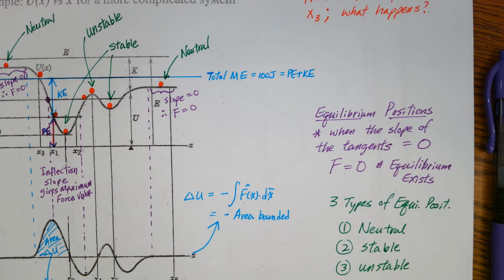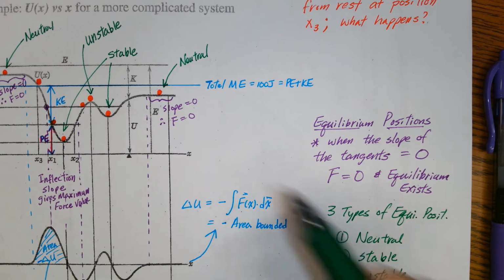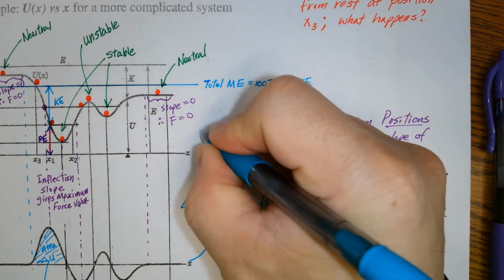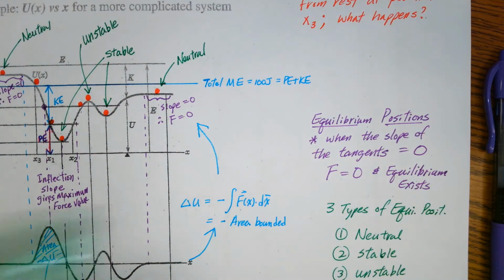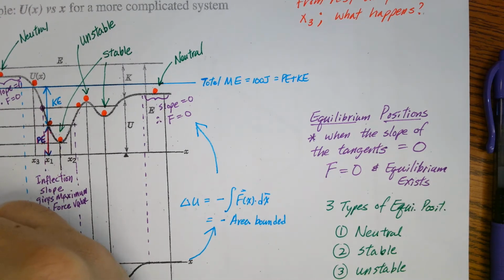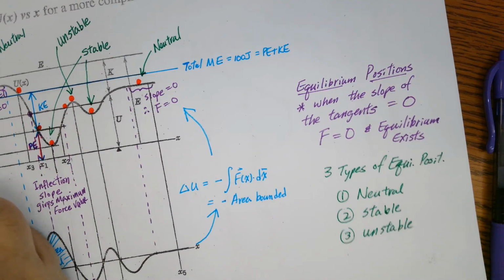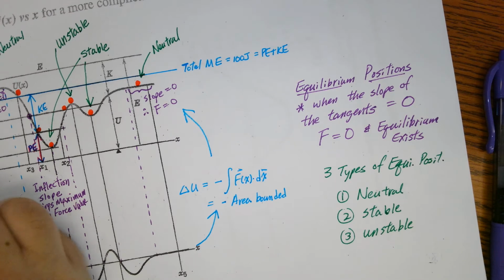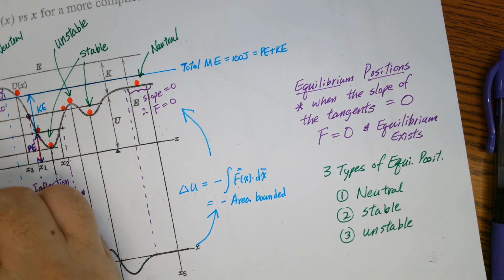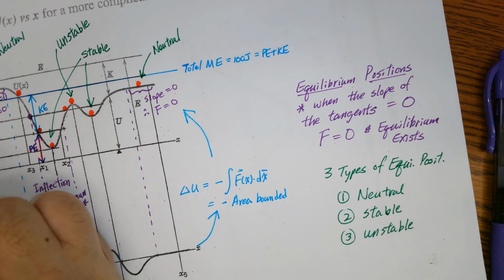If you go the other way, I guess this is going from force to potential energy. But what if you're going from potential energy to force? You just take a derivative. So F of x is equal to negative dU of x over dx.